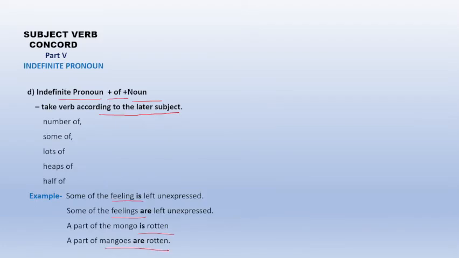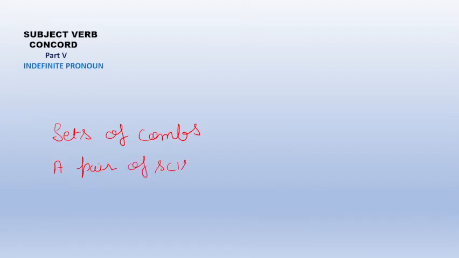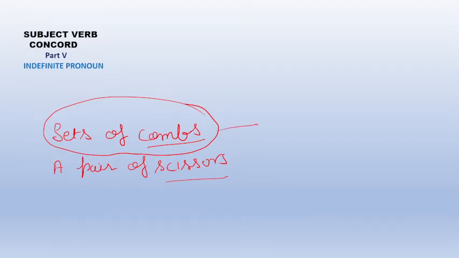Now, students, here don't get confused. In the earlier part of subject verb concord, part fourth, plural form singular meaning, we have just studied that if we are having group nouns of plural forms like sets of forms and a pair of scissors, normally forms and scissors take plural form when used independently, but when they are used in the form of a group noun, they always take a singular verb.